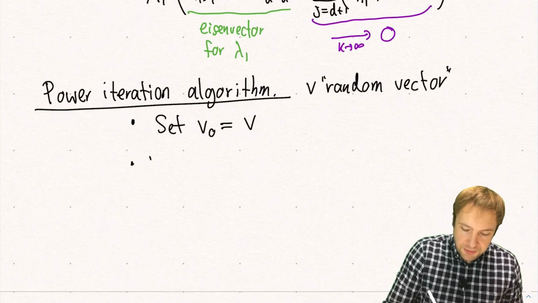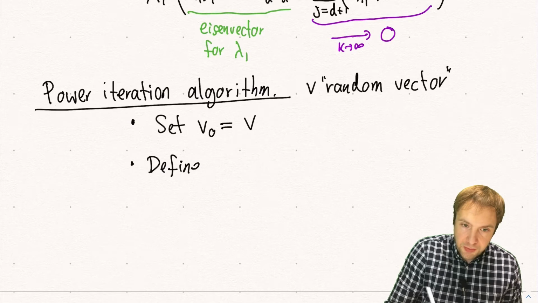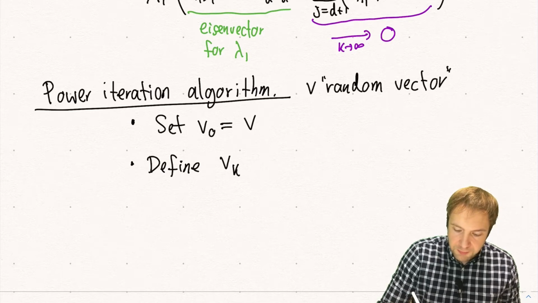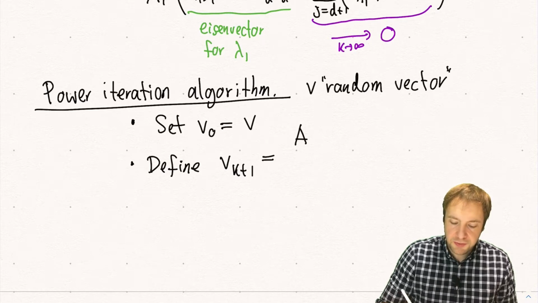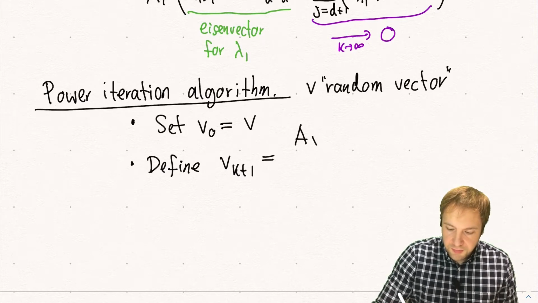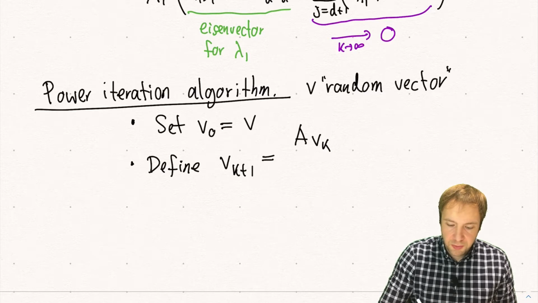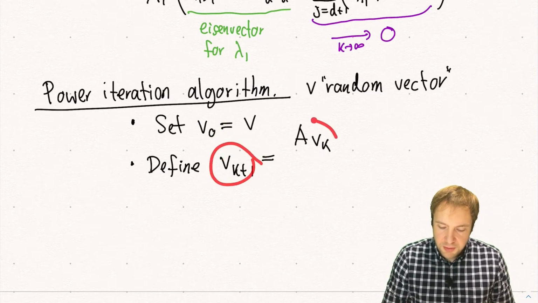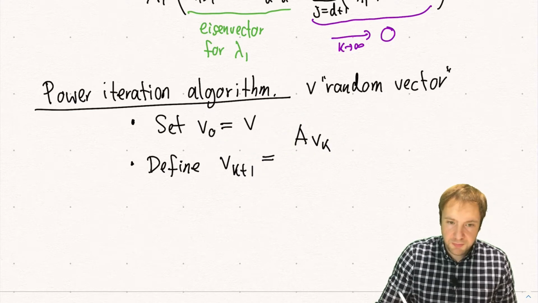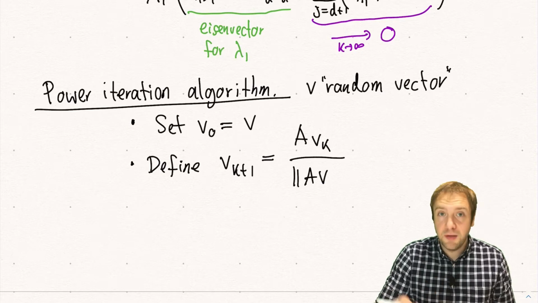And then we define v_(k+1) by multiplying the vector v_k with A. So we start with v_0, in the case k equals 0, v_1 is A multiplied with v_0, and then we normalize it, meaning we divide by the norm.